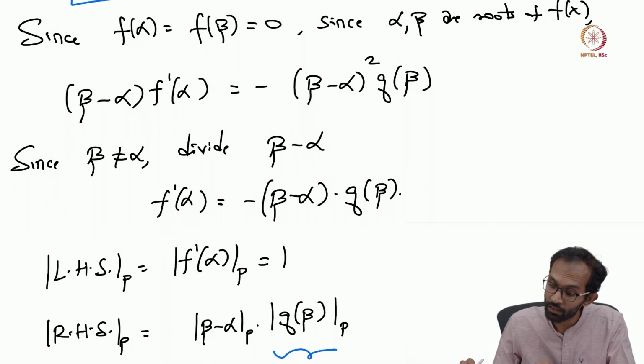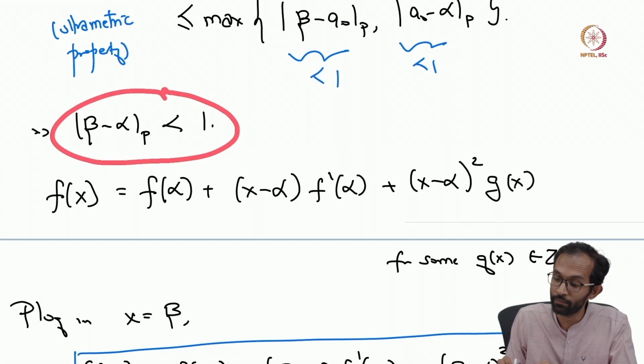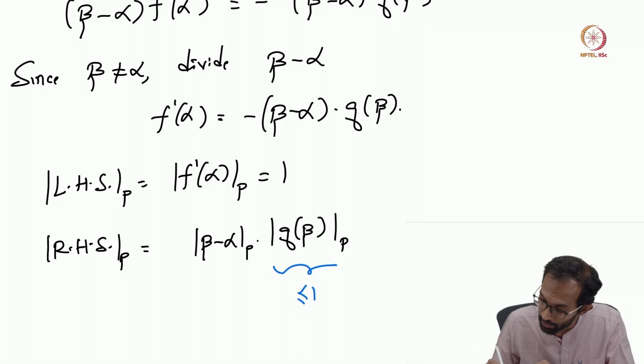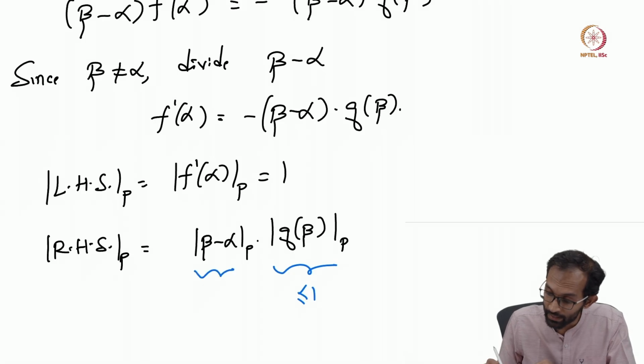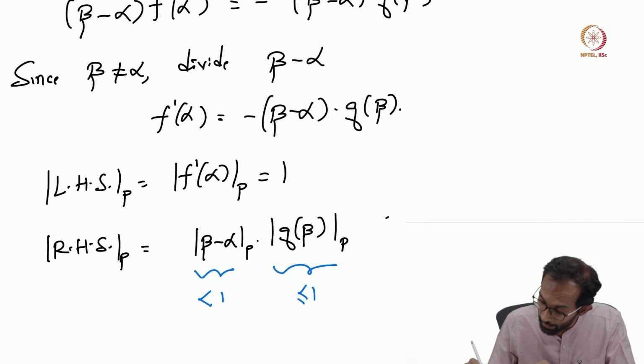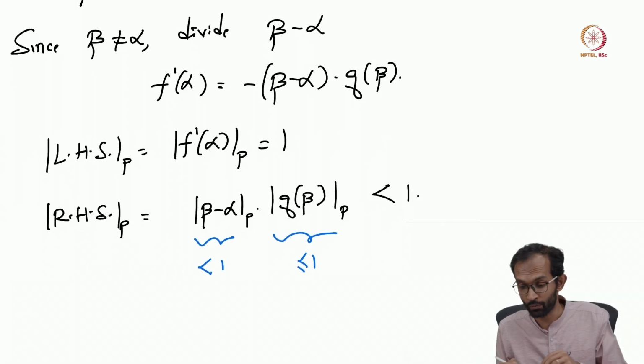We've just seen earlier that if you look at the difference beta minus alpha and compute the p-adic absolute value, that's strictly less than 1. So you see that the p-adic absolute value of the right hand side is strictly less than 1. So we have that 1 is strictly less than 1, that's a contradiction.